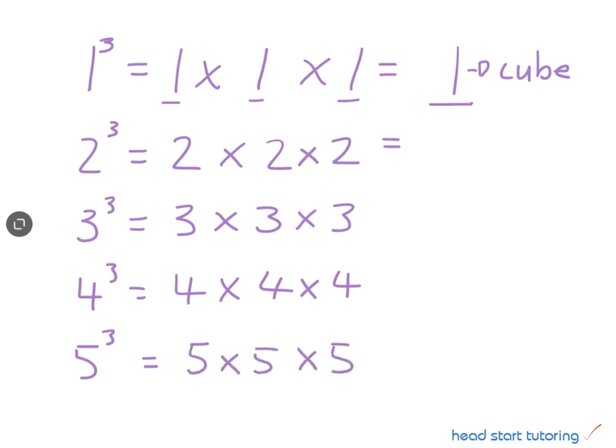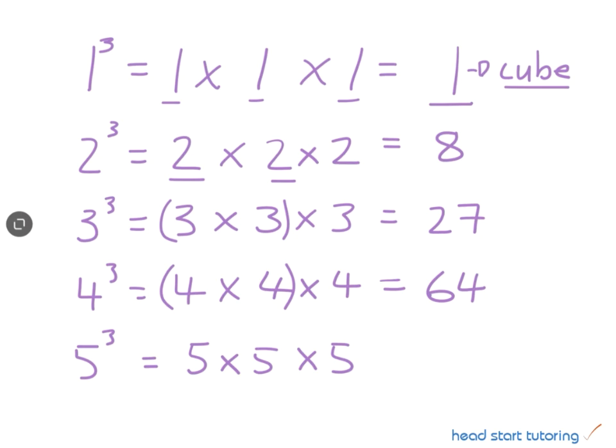Our first cube number is going to be 1, because 1 times 1 times 1 is 1. Our second cube number is going to be equal to 8, because 2 times 2 is 4, and 4 times 2 is 8. Our third cube number is going to be equal to 27, because 3 times 3 is 9, and 9 times 3 is 27. Our fourth cube number is equal to 64, because 4 times 4 is 16, and 16 times 4 is 64.